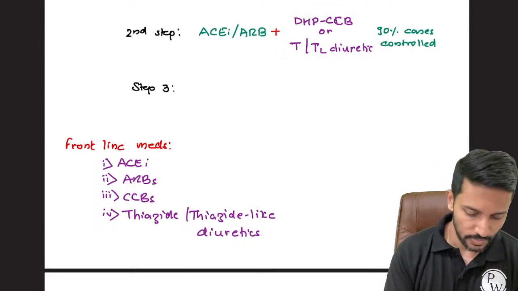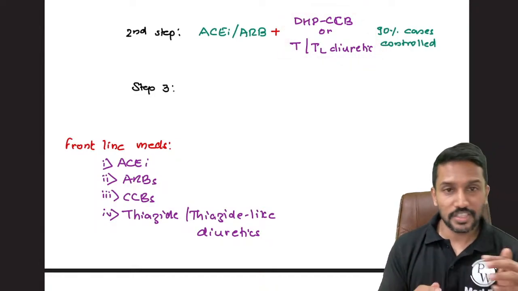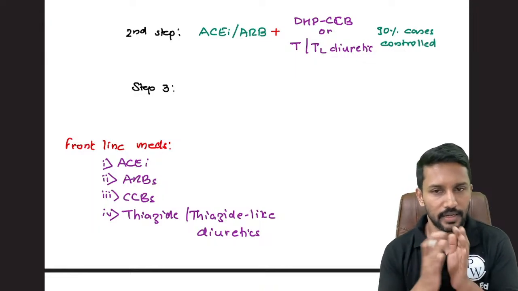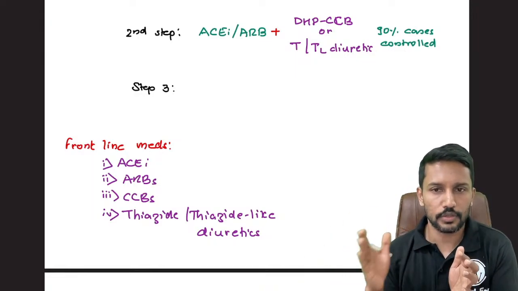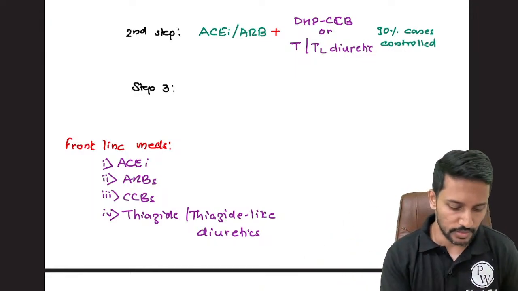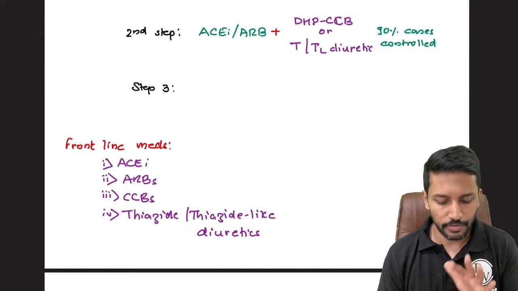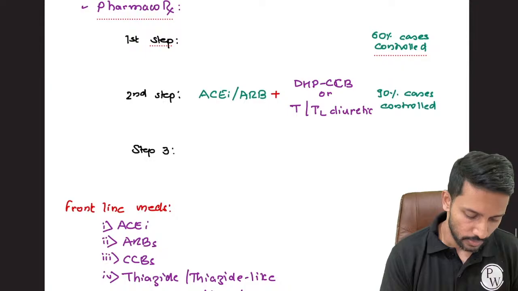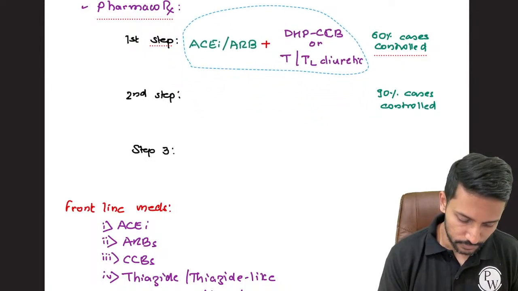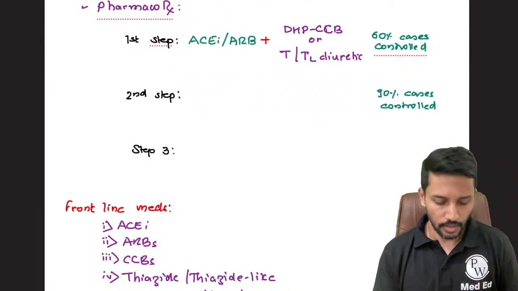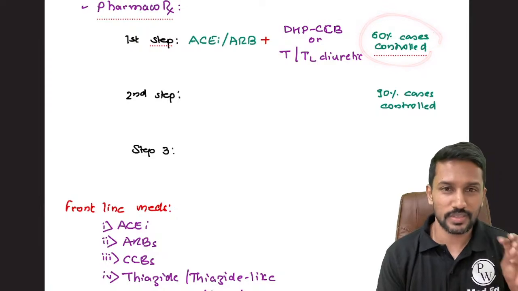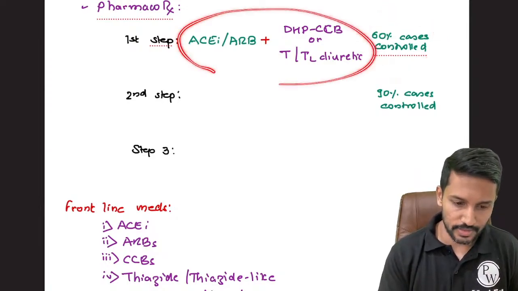Now, if I'm not able to reach the target of 130/80, again, follow-up happens at intervals of 3 months. So at the end of 3 months of starting these medications, appropriately titrating the dose, if I'm not able to control the BP, then what will be my next step? Around 60% of patients, or I would say two-thirds of the patients, will be well controlled with this approach.